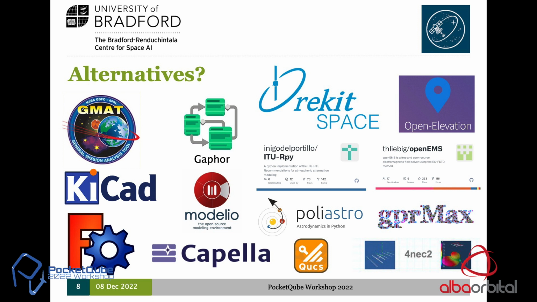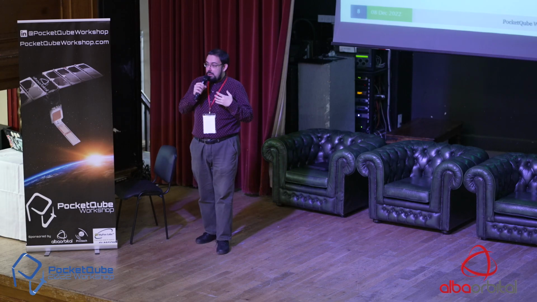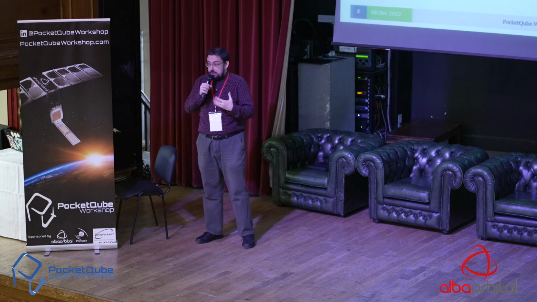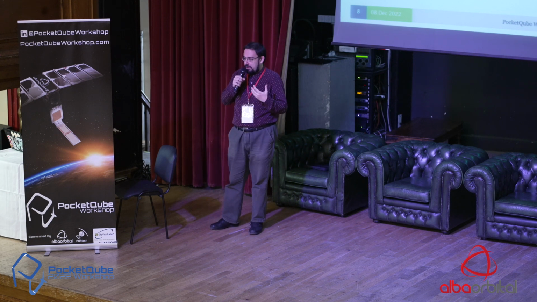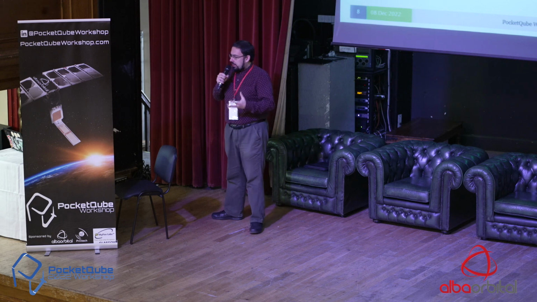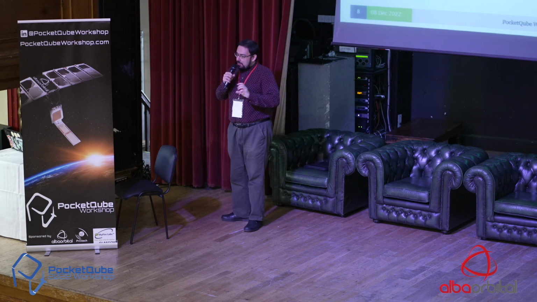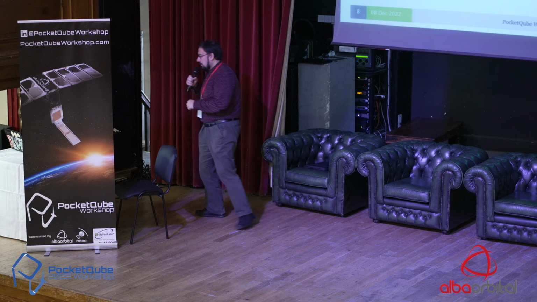And this is where open source comes into play, because virtually all of those pieces of software that traditional and new space have been using for decades to design their satellites and to make sure that they fly true and achieve what they need to achieve, do have some sort of an alternative. Now, I say some sort of an alternative because it's not always a like-for-like comparison.